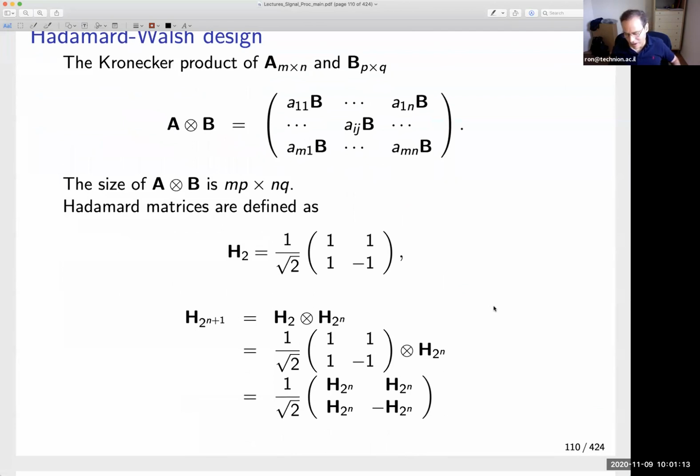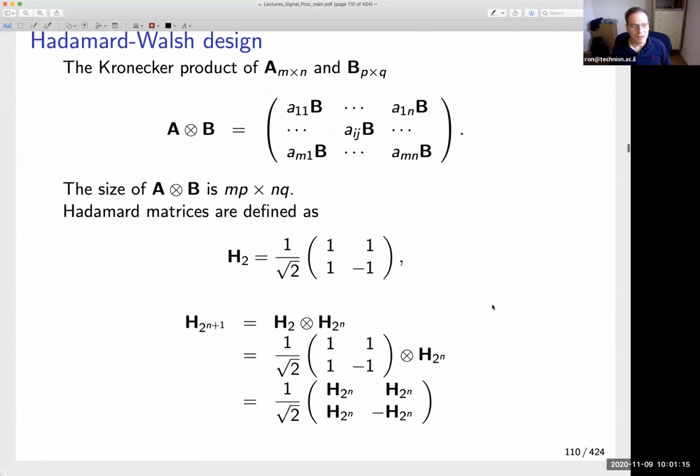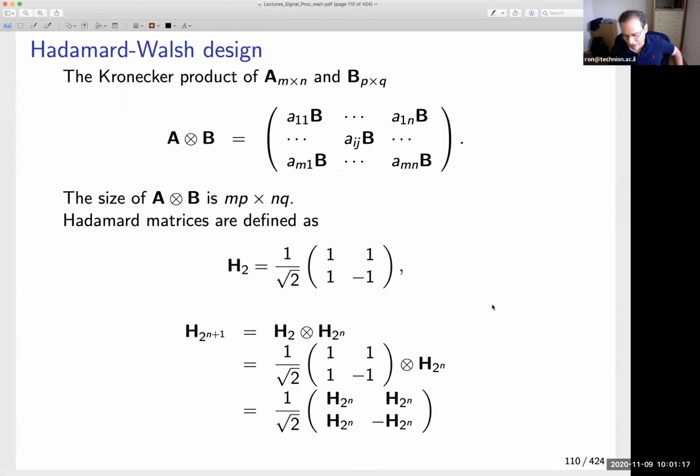So first of all, let me define the Hadamard or the Kronecker product of 2 matrices. So I have a matrix A of size m by n, so m would be this axis and n would be that axis.